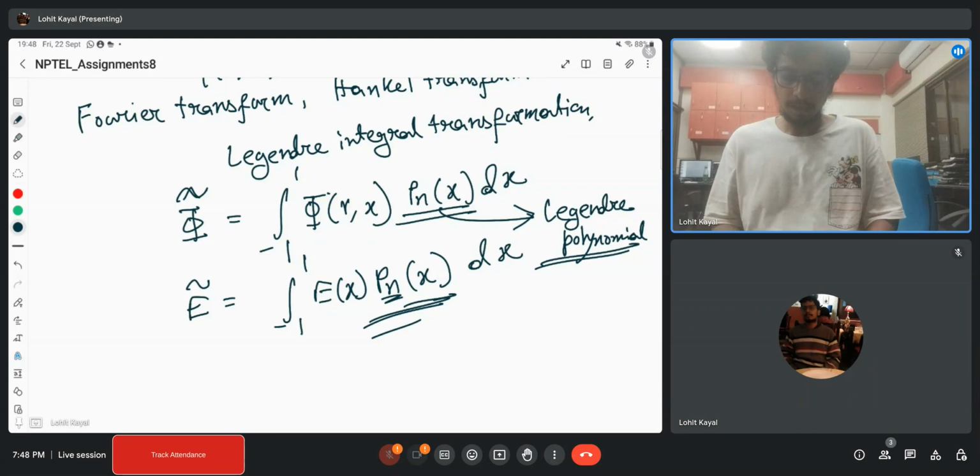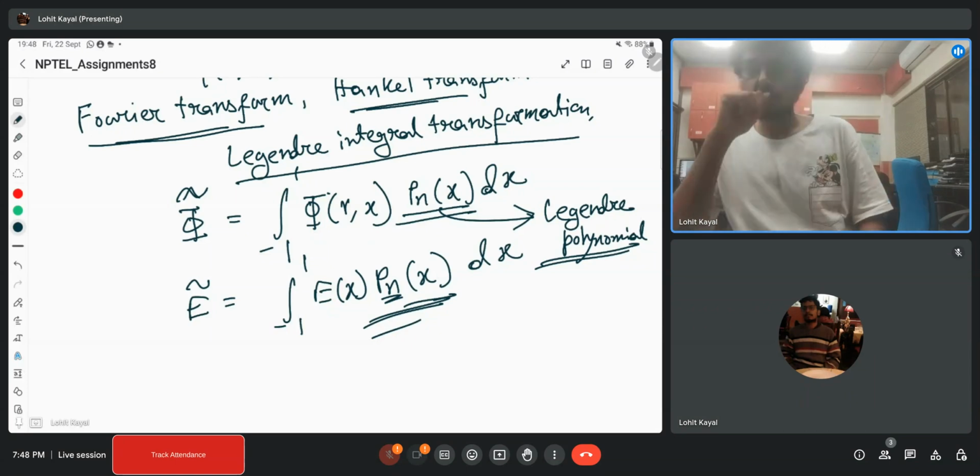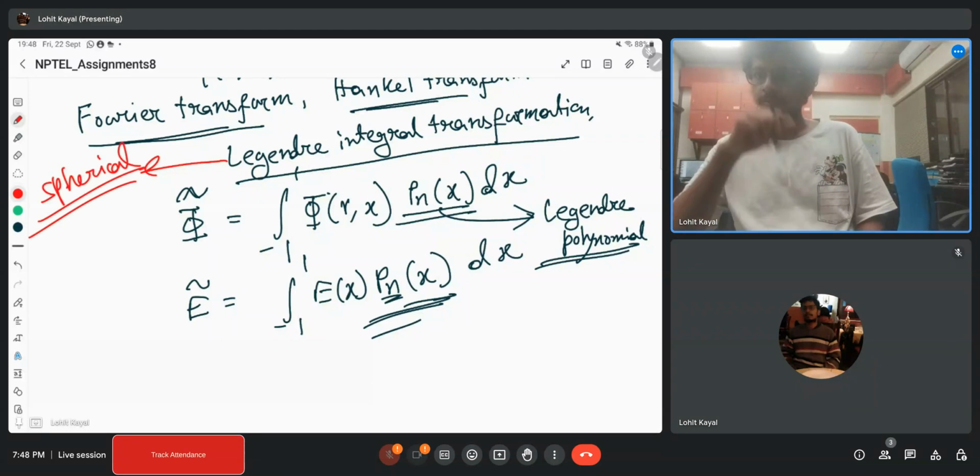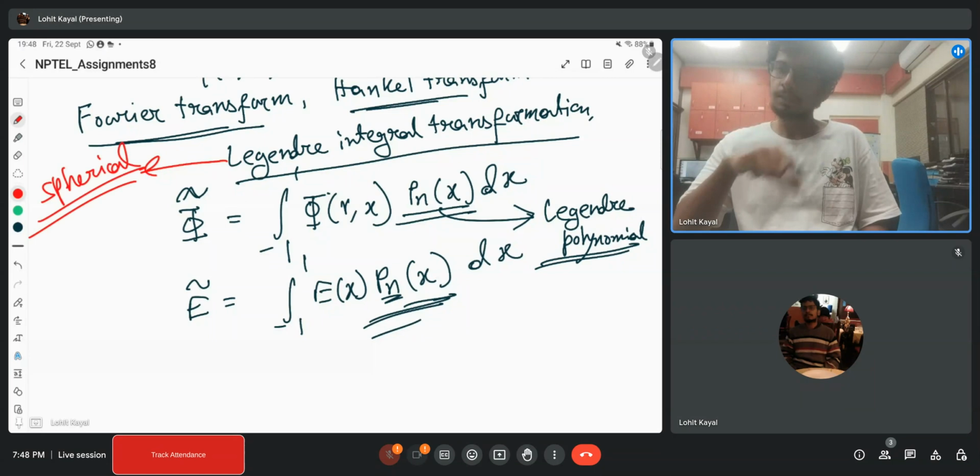But the key idea is this: similarly to the Fourier transform and Hankel transform, in spherical geometry you need to use the Legendre integral transformation. So that is the most key idea. The geometry is complicated, so the calculation is a little bit complicated, but all the other ideas are the same.